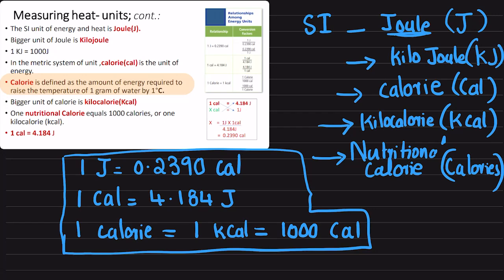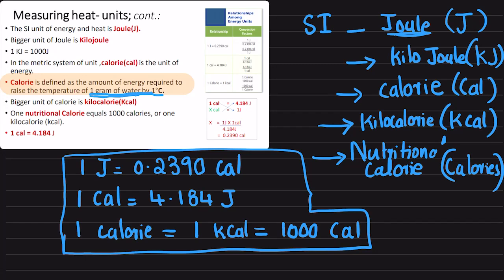It should be 1 gram of water, raised by 1 degree Celsius. That is the condition for calorie.